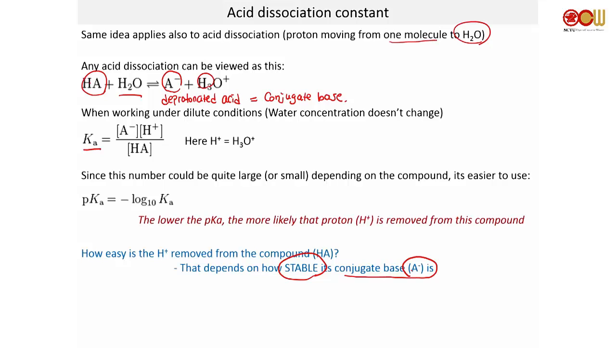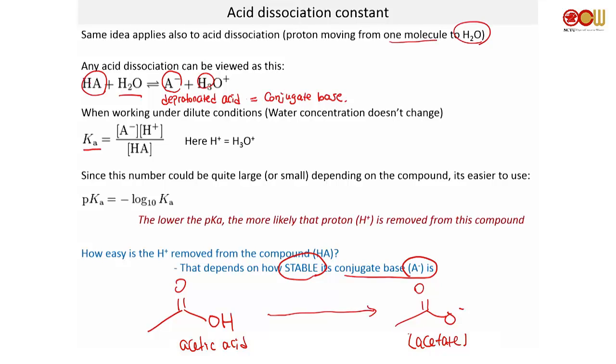Let me give you an example. What is this molecule? Do you know? A 2-carbon acid. It is acetic acid, 醋酸, 或者乙酸. Acetic acid, and its conjugate base is acetate.